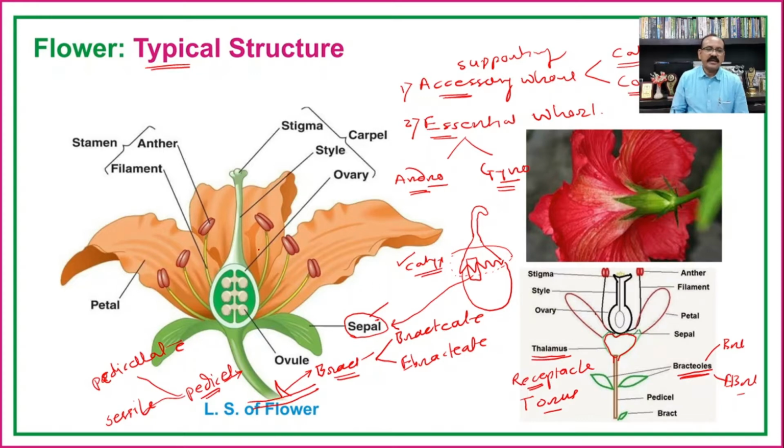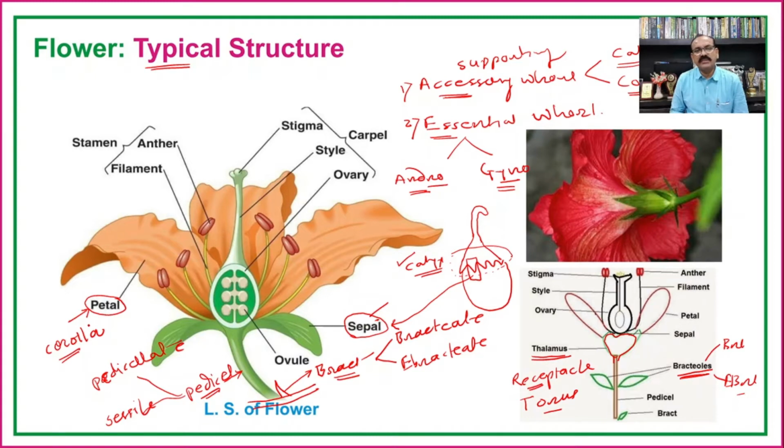In a similar manner, there is the presence of the petals in the flower as a second accessory whorl, and these petals are responsible for the formation of the second whorl, and that is known as the corolla.